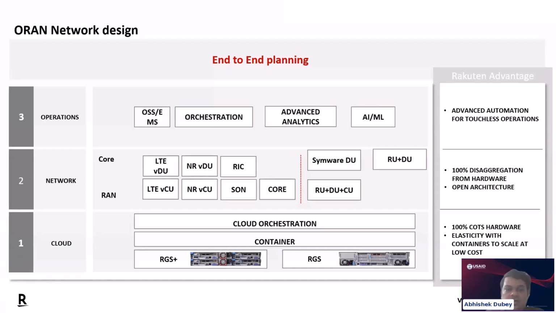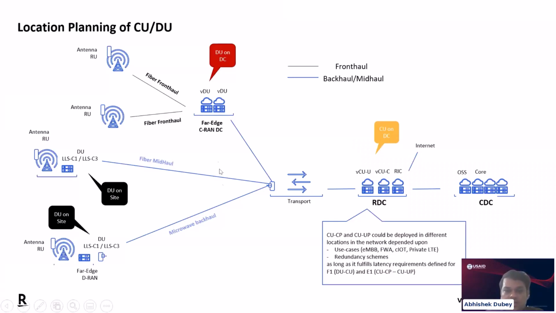So you are done with the transport planning and the CU DU location. One more thing I forgot here: we discussed everything on the DU, but what about the CU? The CU, guys, should always be in a centralized location, because the CU can run on a simple server.